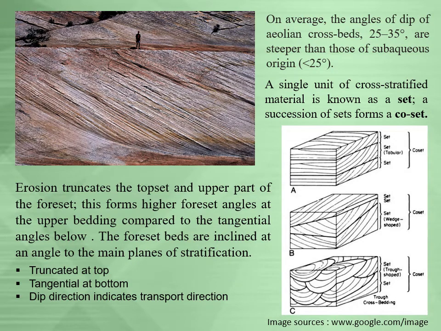Now, here you can see a cross bedding in the rock record. As you know, cross bedding is mainly formed by downstream migration of ripples and dunes under conditions of net sedimentation, which gives rise to cross-stratification or cross-bedding.